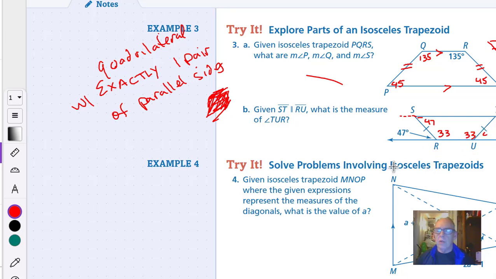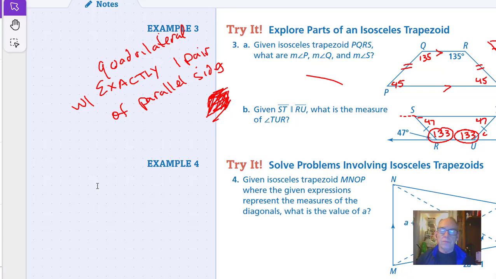I'm doing that wrong. This is going to be 133 degrees, because that makes the 180. And this is going to be 47 degrees this way. So angle TUR is going to be 133 degrees, because base angles of an isosceles trapezoid are congruent.